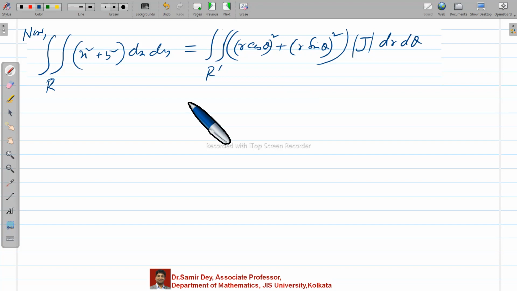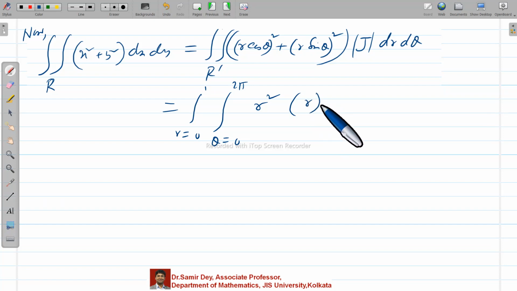So you have this, r starting from 0 to 1, theta coming from 0 to 2 pi, and this is coming from r square cos square theta sin square theta. J is coming another r, it is a mod value, mod of r dr d theta.